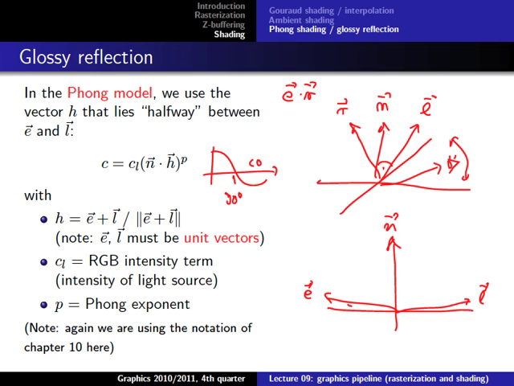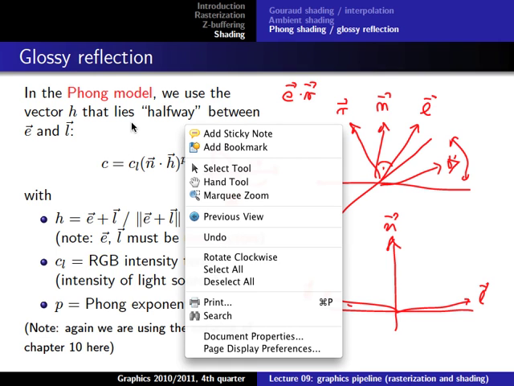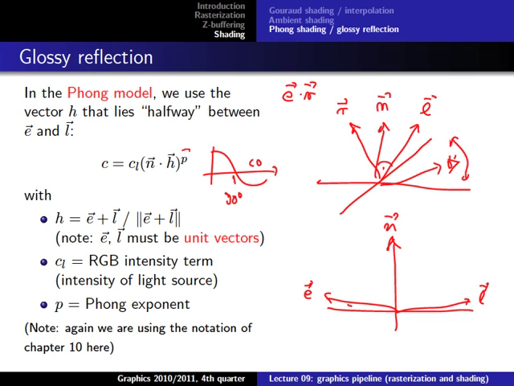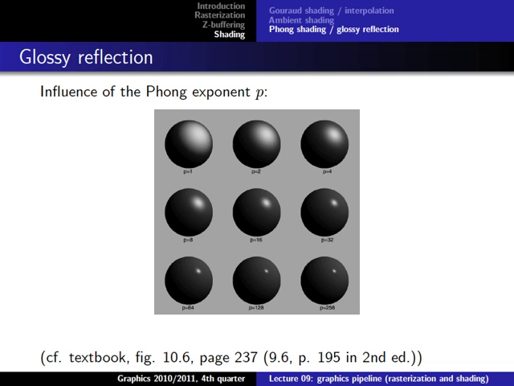because we can also control it, for example, with this parameter p that we have here, which is the Phong exponent. And I already showed you the examples here that we can use this to manipulate our bright spot. So this is for p equals 1. We get a very large bright area here. And for an extreme case of, for example, p is 256, we get a very small bright spot.